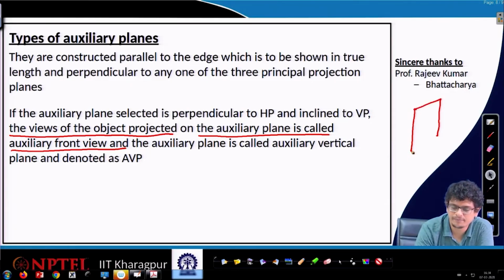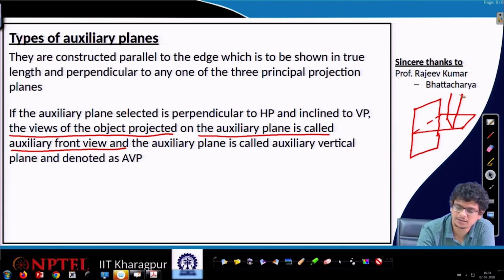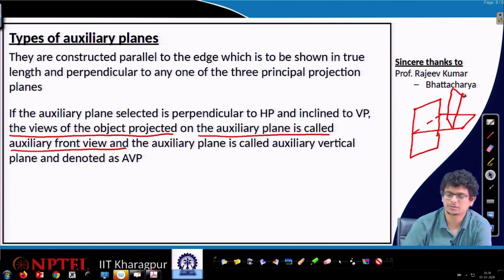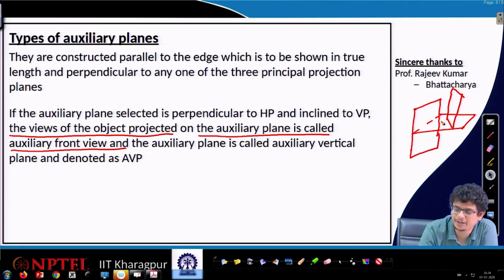In the same way, our auxiliary plane is in this direction. For example, we might have some square block. Now, if we project onto that plane, what we are going to see is the complete height of that object, whatever the true height, that we will see on this auxiliary vertical plane.